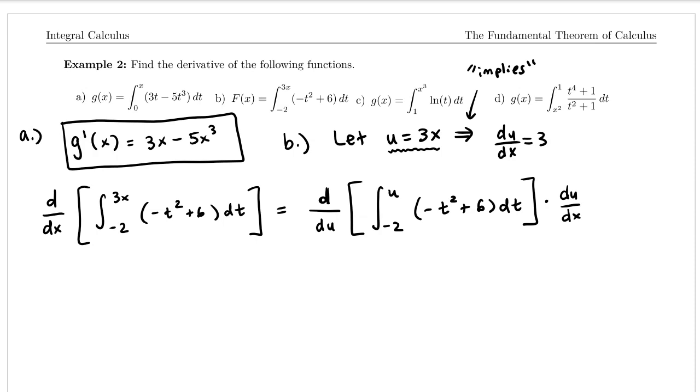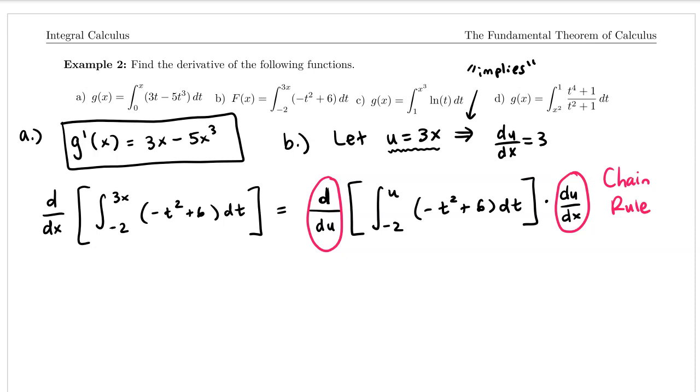If you multiplied them together, the du in the numerator and the du in the denominator would cancel out, and it would return to this fraction here. But again, they're not fractions, they just happen to behave like fractions. So this idea where we're taking the derivative with respect to u and then multiplying by du dx is coming from the chain rule.